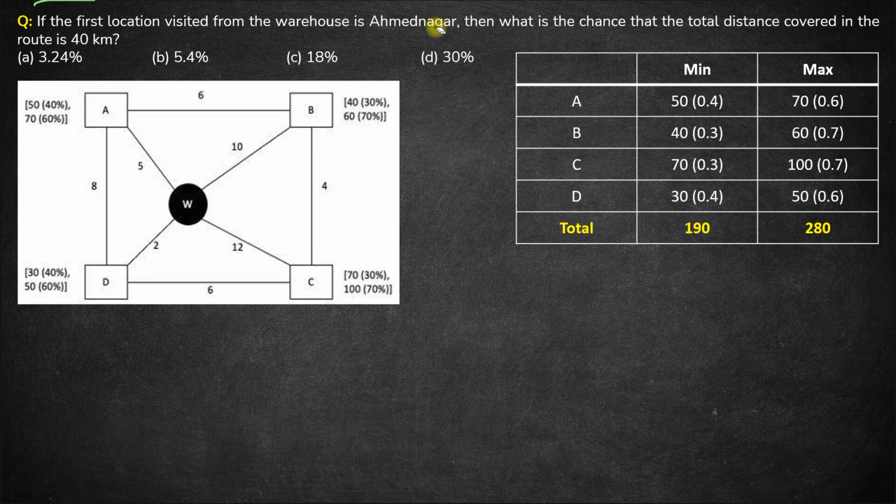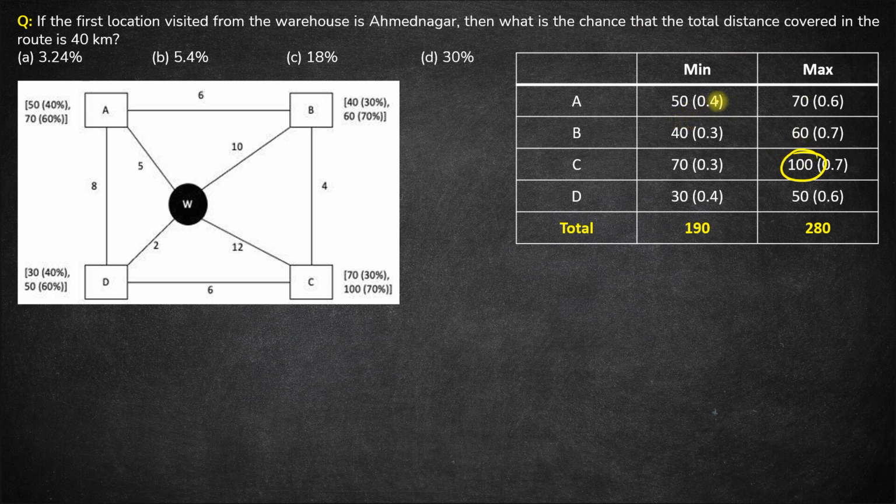Okay? So let's look at how can A be the first location to be visited. Now for A to be the first location to be visited, the demand should be highest possible for A. Now the only problem would be created by C. Now if C's demand is 100, can A be the first location to be visited? Definitely not.